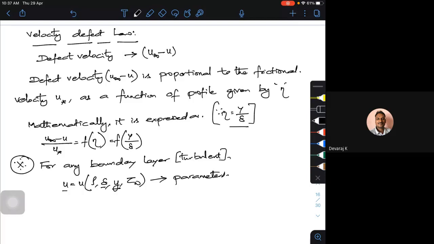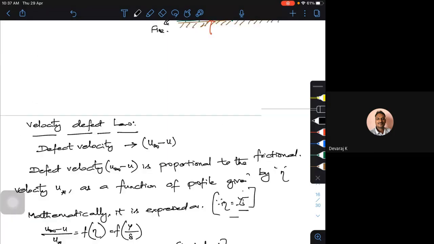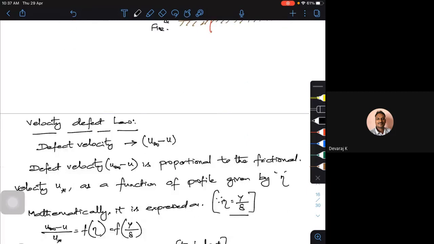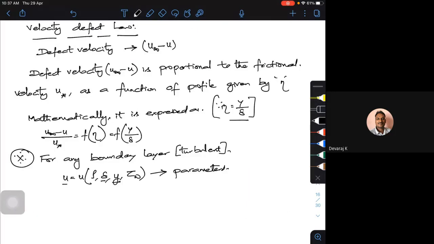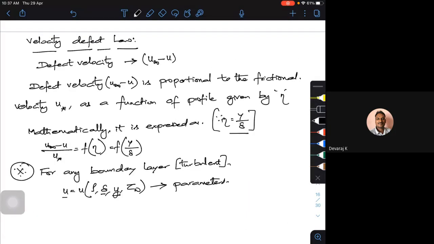If you want to study those things, the velocity defect law is very important. To calculate properties with respect to the wall using y plus, we use the law of the wall. To study how separation takes place with respect to frictional effects, the velocity defect law is important.